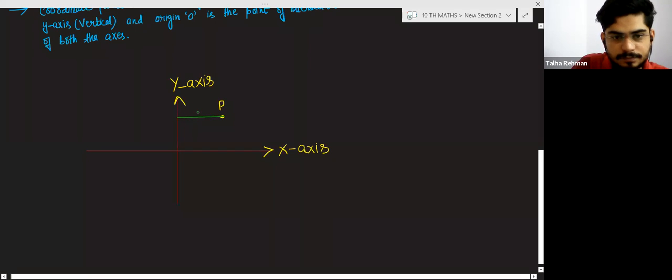And if this intersection point is M, and the distance PM is x.